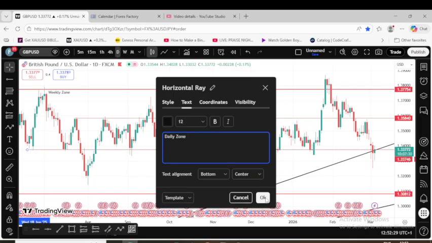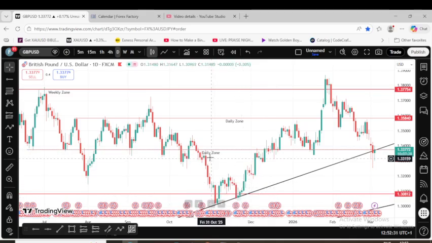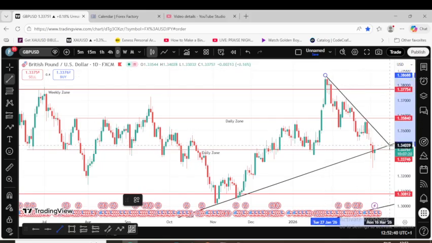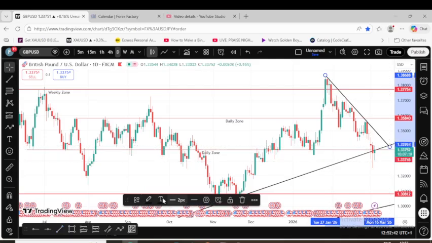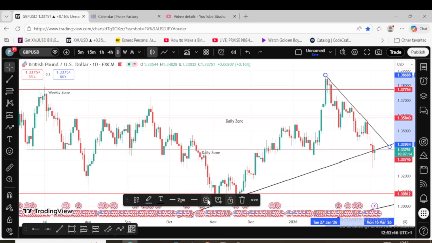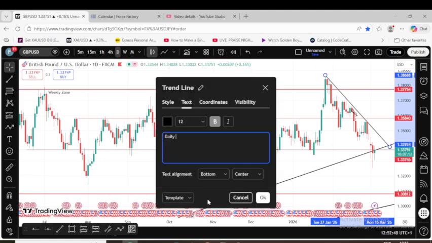So this is another daily zone. We have a bearish trend line here, but the trend line is very, very steep. Look at that. So we have a bear trend here. So we have a bearish trend line on the daily time frame.